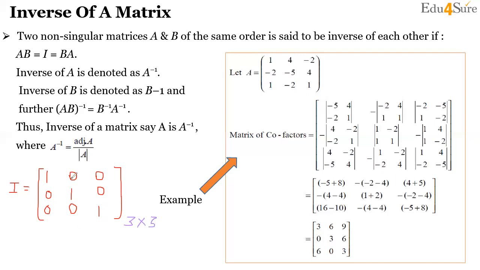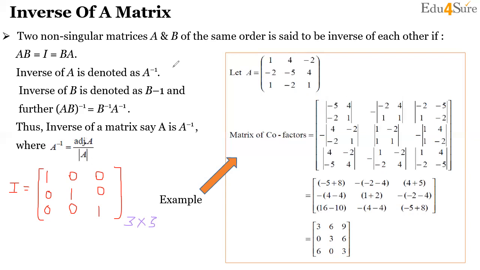So the multiplication of the two non-singular matrices, or BA, should be equal to the identity matrix. So A and B's order should also be 3 cross 3. Like this it works.